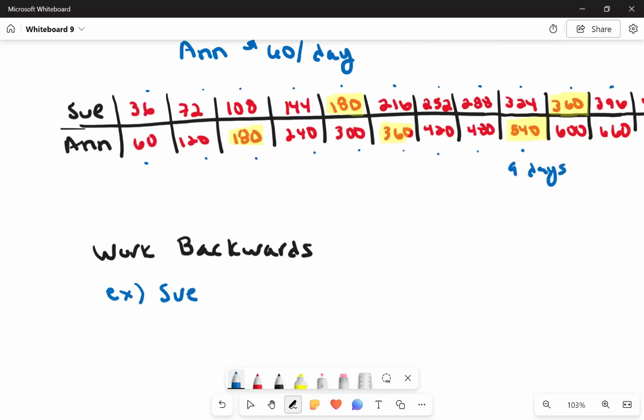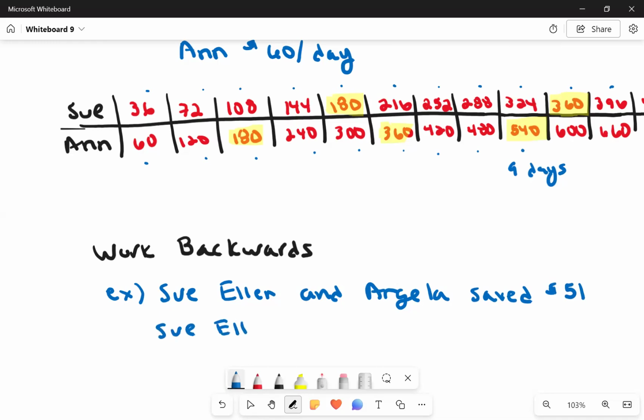Okay, so here we go. We have Sue Ellen and Angela have saved $51, both of them each. All right, now here's what we know. Sue Ellen started with $7 more.